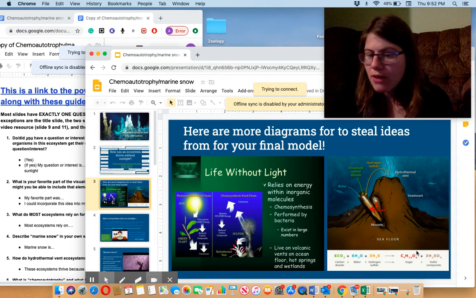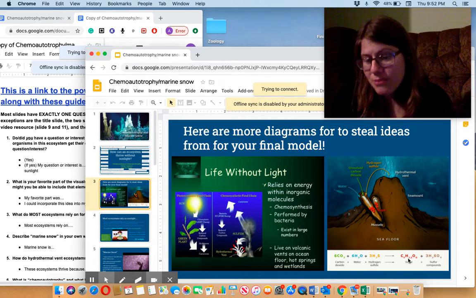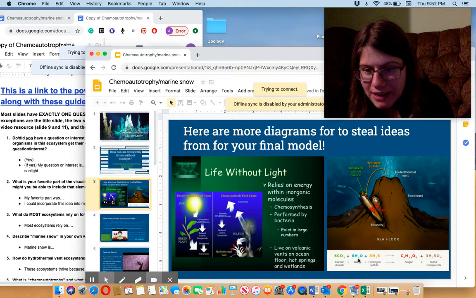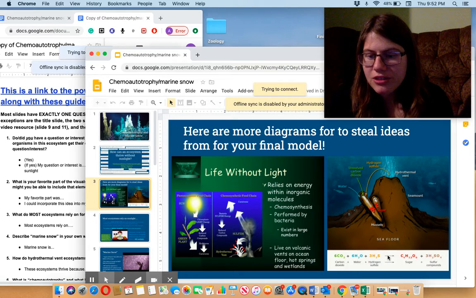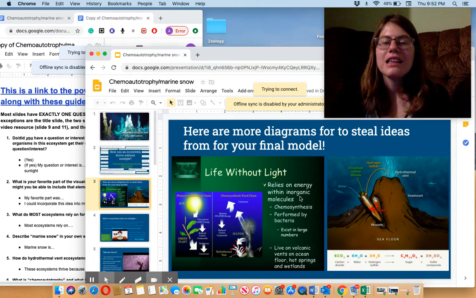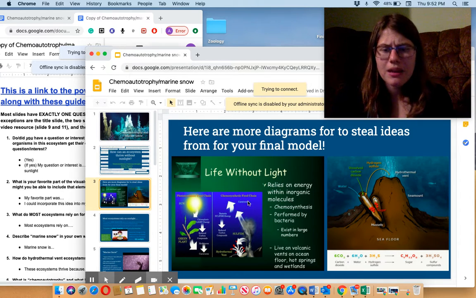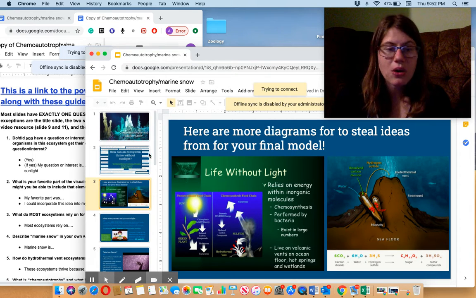I like that it's showing this lovely handy dandy chemical reaction of chemosynthesis, where it's got the carbon dioxide, the water, this is the toxic chemical, the hydrogen sulfide, and then the sugar, and then other toxic chemicals produced by these chemosynthetic bacteria. I like this model too because I like how it's laid out. I like how much information it can give in a super brief moment, with text along the side, and so on and so forth.